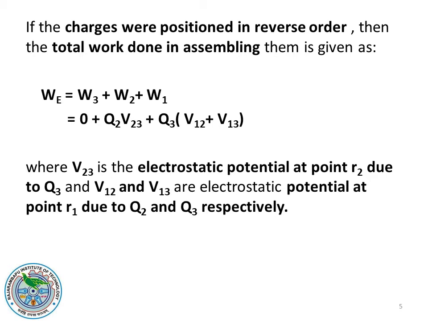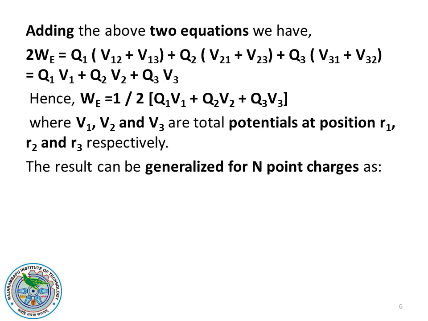Then the total work done in assembling them is W equal to W3 plus W2 plus W1, that is equal to 0 plus Q2 V23 plus Q1 into (V12 plus V13), where V23 is the electrostatic potential at point R2 due to Q3, and V12 and V13 are electrostatic potentials at point R1 due to Q2 and Q3 respectively.